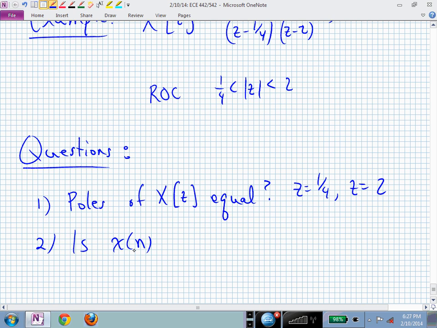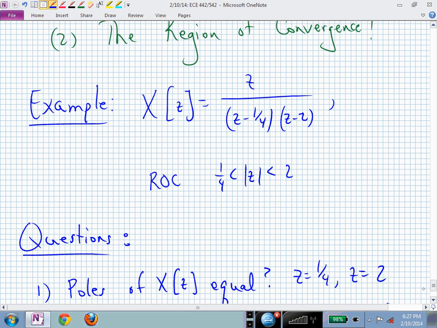Question 2, and I've already answered this: is x of n one-sided or two-sided? And what tells you that it's two-sided if I hadn't already told you? What can you say about the region of convergence if somebody said you have a two-sided time domain waveform?